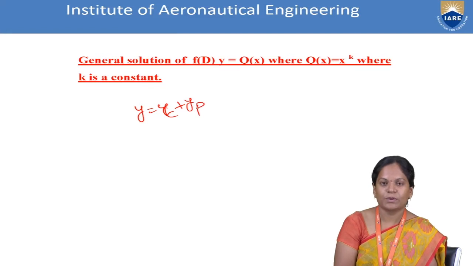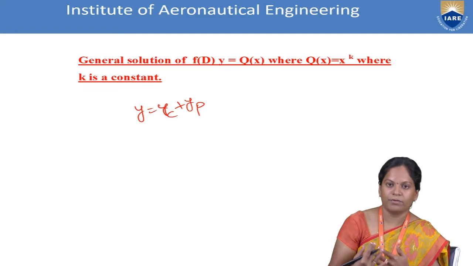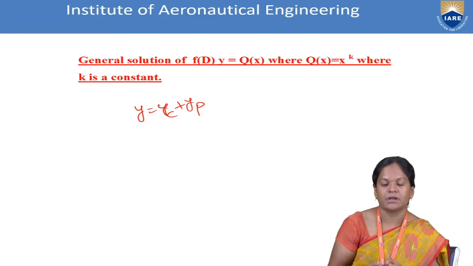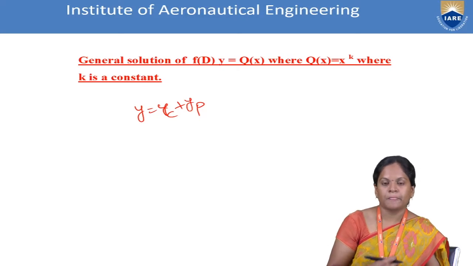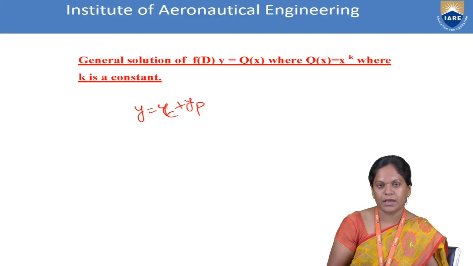What is yc and what is yp? yc is the complementary function and yp is the particular integral. Based on the roots we get yc, and yp we get based on Q of x. So this is the third case, where Q of x equals x power k, where k is a constant.